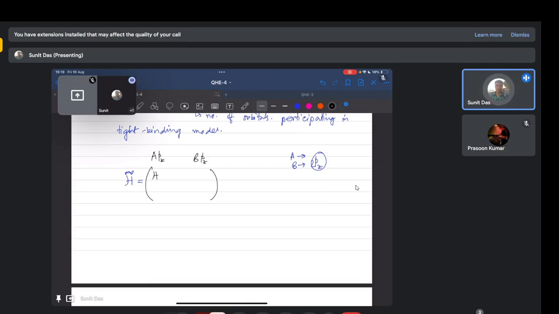So I'll have some terms HAA tilde, AB tilde, and then HBA tilde, and then HBB tilde. These are my matrix elements. So here also APZ, BPZ, let's say. So APZ corresponds to the pz orbital of the A type carbon atom.